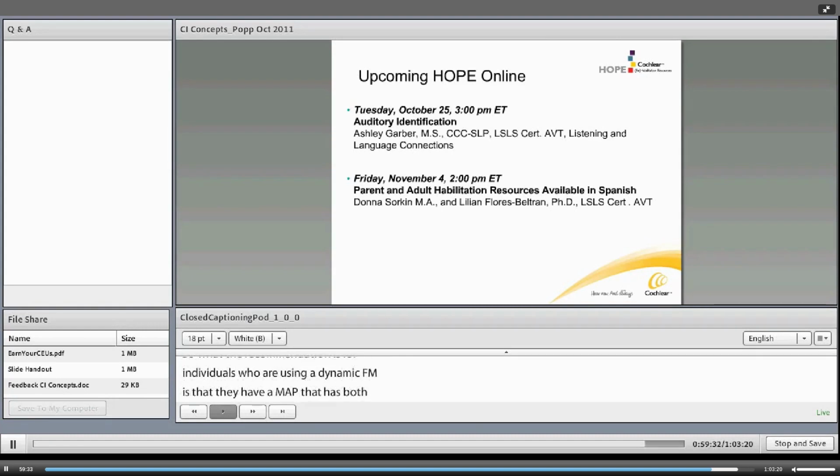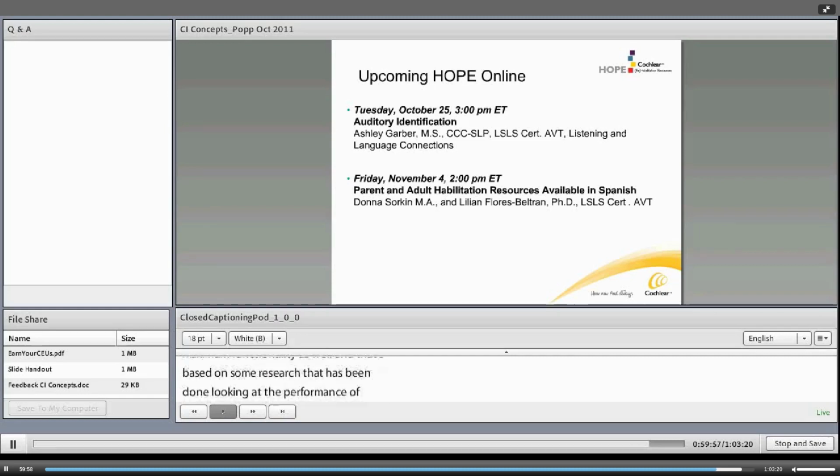And then I had another question about addressing the SmartSound option and FM. So what the recommendation is for individuals who are using a dynamic FM is that they have a map that has both ADRO and auto sensitivity enabled in their maps.